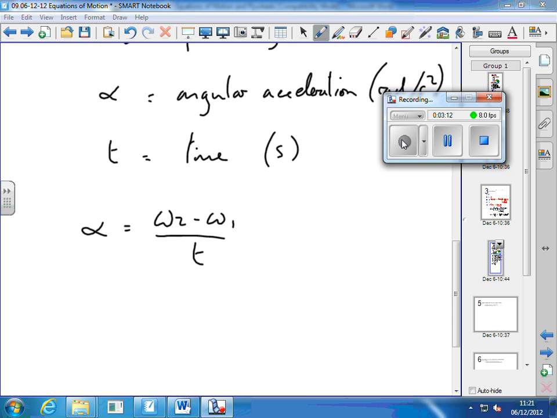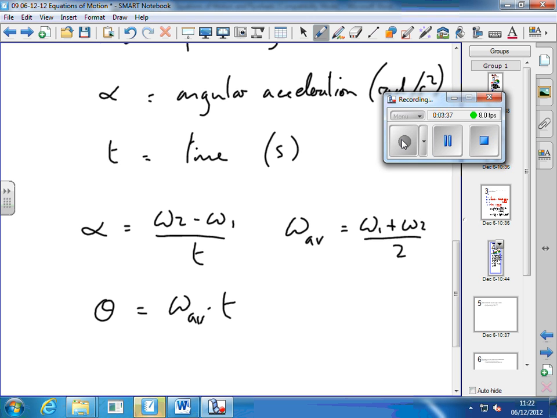Again, the average angular velocity, omega average, equals omega 1 plus omega 2 over 2, which means that we can write that the angular displacement theta equals the average angular velocity times the time. So exactly the same as we had before.